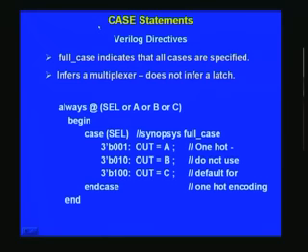And we have also considered case statements, and we will now see what Verilog directives are. There are basically 2 directives called full case and parallel case, and this indicates when you have a case statement here.